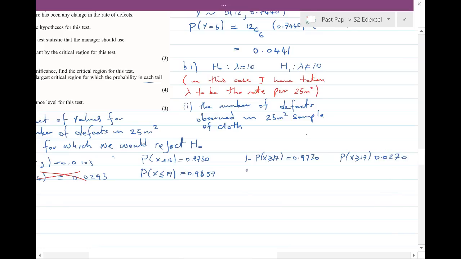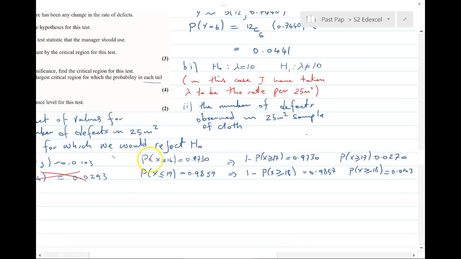And here we have 1 minus the probability that x is greater than or equal to 18, equal to 0.9857. So that gives me the probability that x is greater than or equal to 18 equals 0.0143. So clearly we're not interested in this one, and we want this one for our critical region.